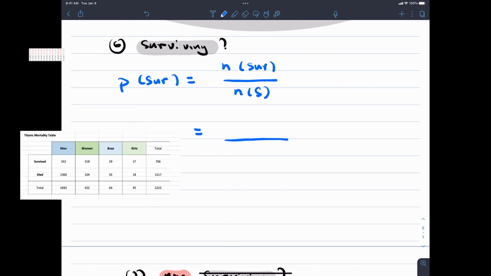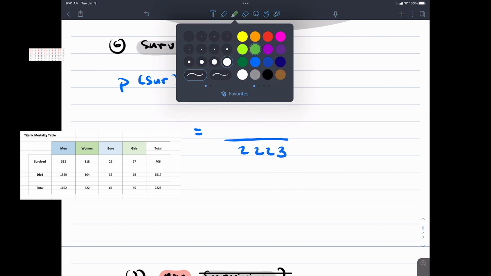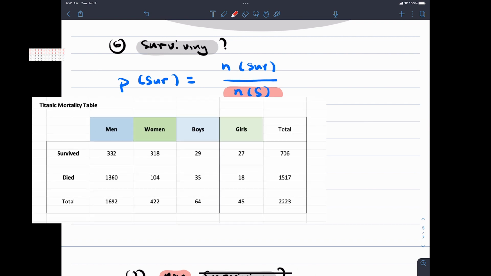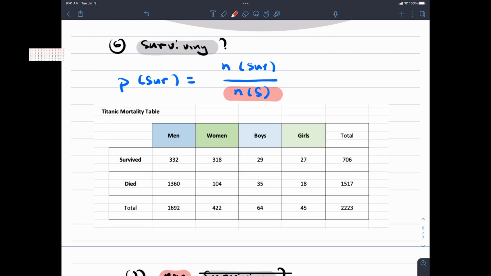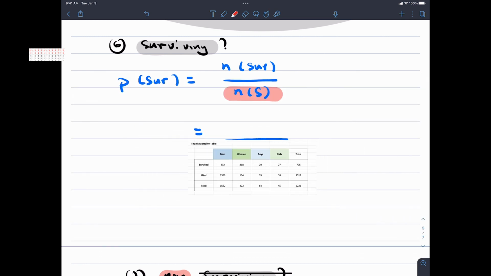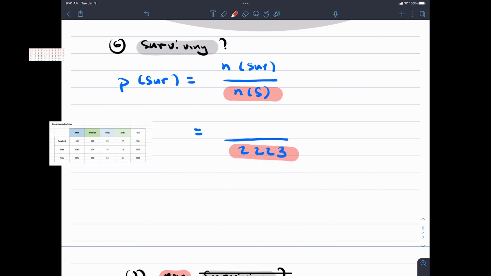All right. What do we know? We know the total, 2,223. That one's pretty good, right? So how many people survived? Can you read the table? 706. Good. 706 survivors.